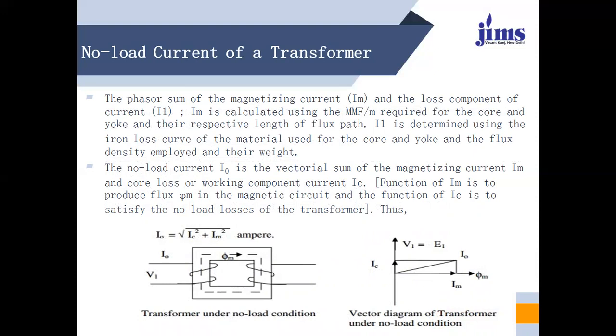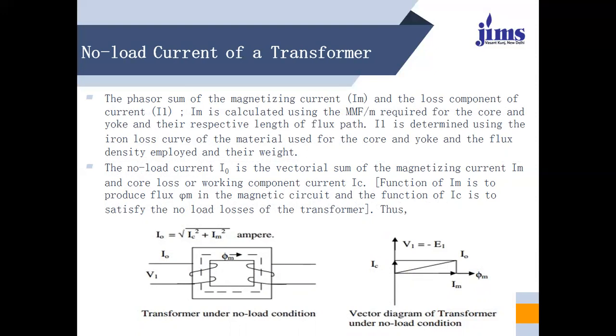Now we are looking at the parameter which will be calculated for a transformer, which is most important: the no load current. It is the phasor sum of the magnetizing current IM and the loss component current IL. IM is calculated using the MMF required for the core and yoke and their respective lengths of flux path.